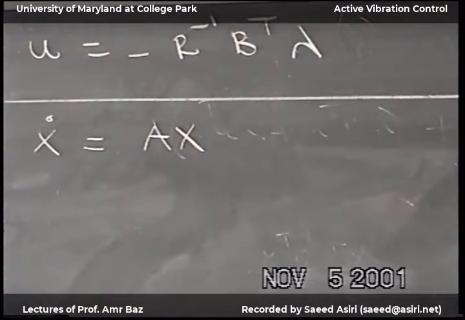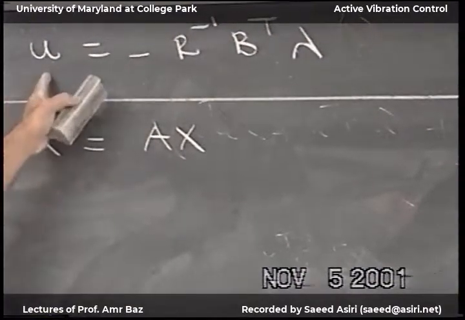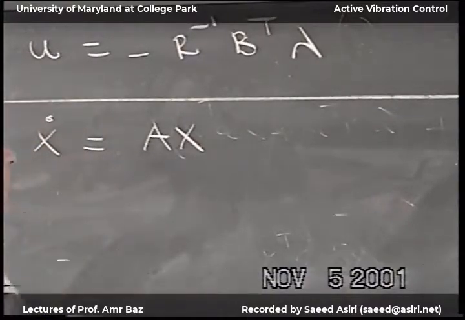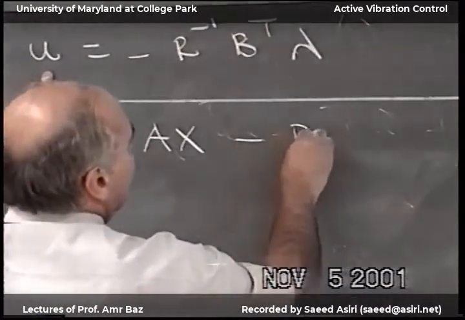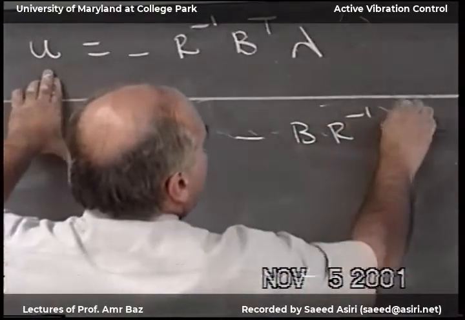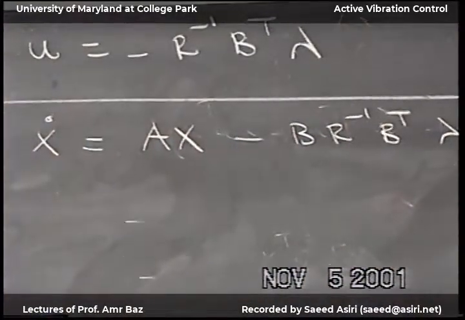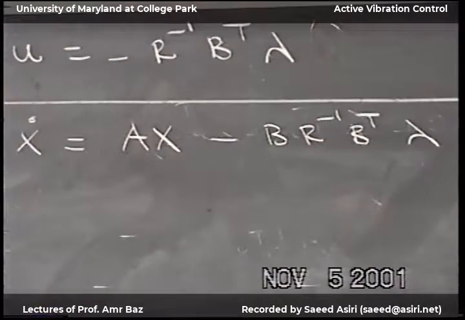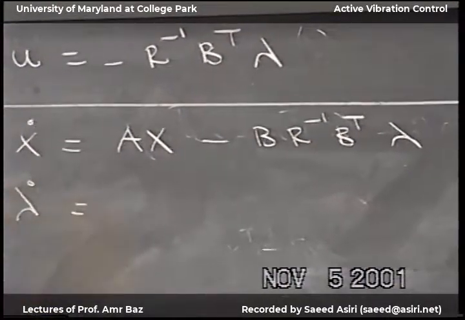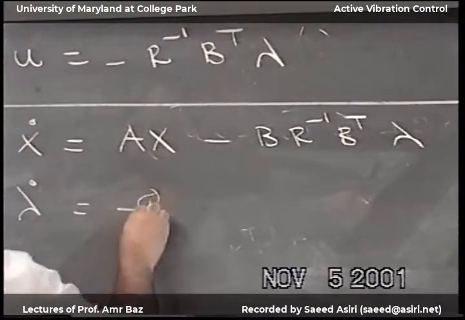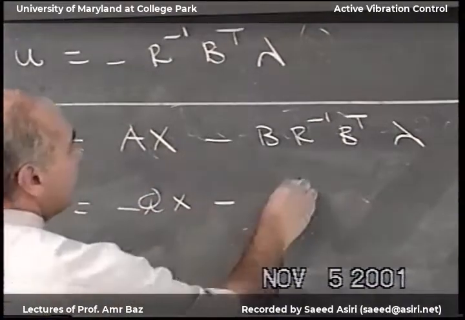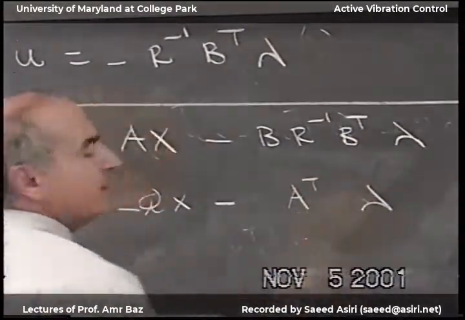And instead of Bu, I'm going to remove the u and put it in terms of what we have here. So this would be minus B R inverse B transpose lambda. The second equation, which is in the bottom, is lambda dot is equal to minus Qx minus A transpose lambda.